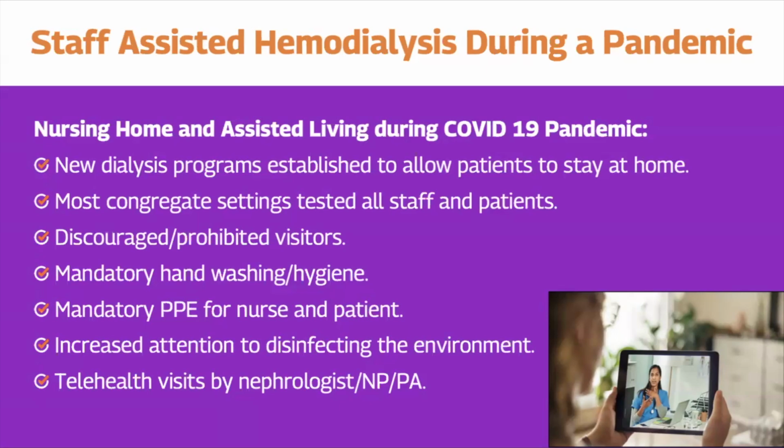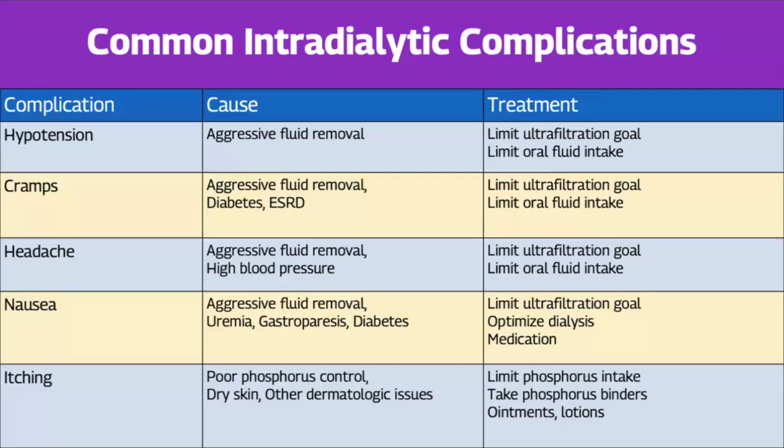So most congregate settings tested all staff and patients and discouraged the same things we did in our clinics. They discouraged and prohibited visitors, had the mandatory hand hygiene, mandatory PPE, and they increased attention to disinfecting the environment and the telehealth visits. So very much the same as what we experienced.